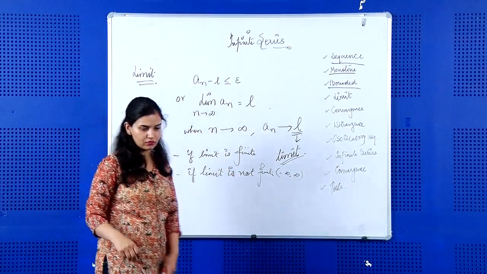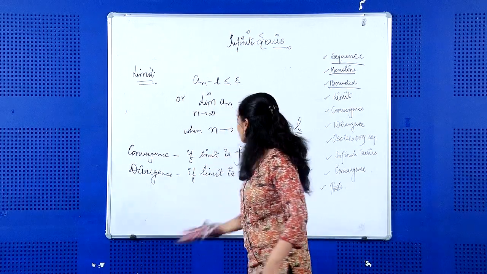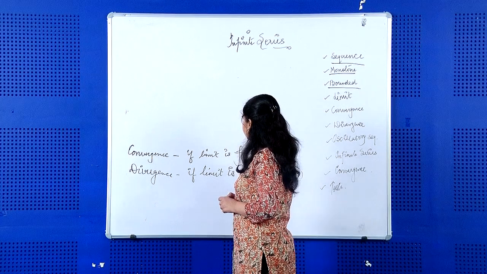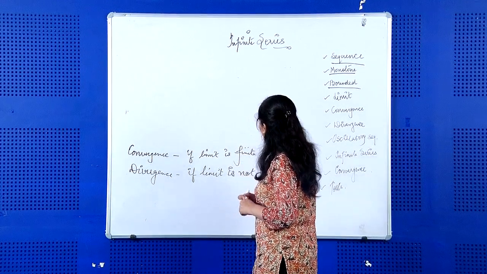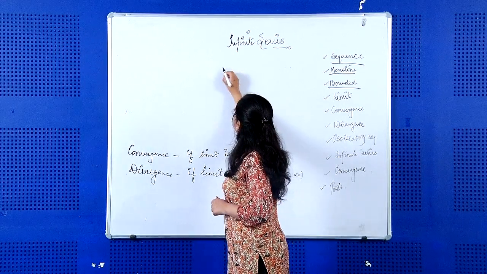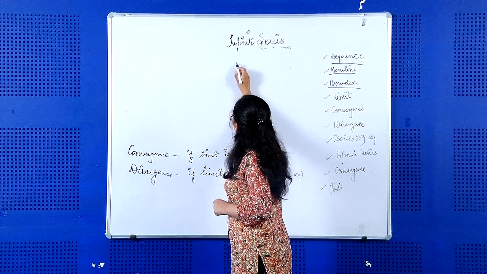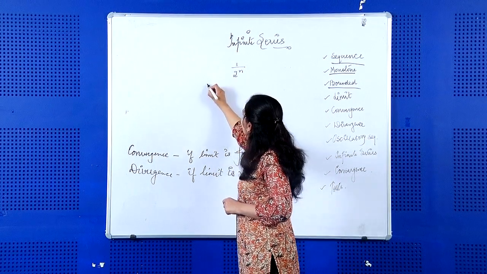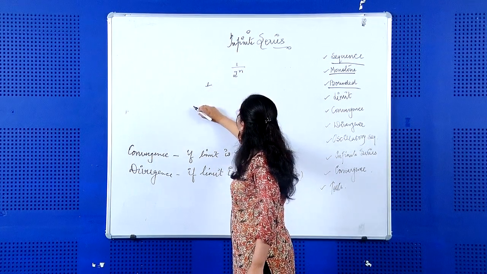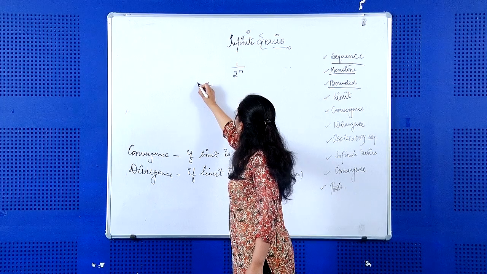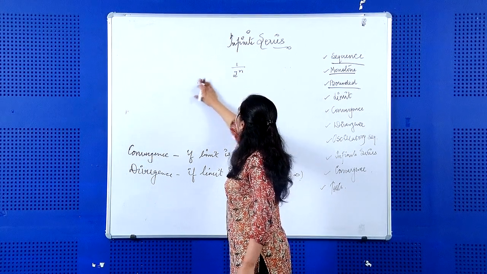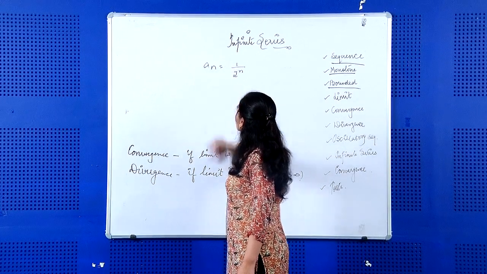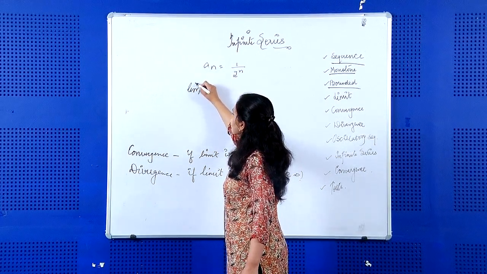Let us explain with the help of an example. Let us say 1 upon 2 raised to power n. This is the general formula, this is our sequence an. Let us check whether it is convergent or not.